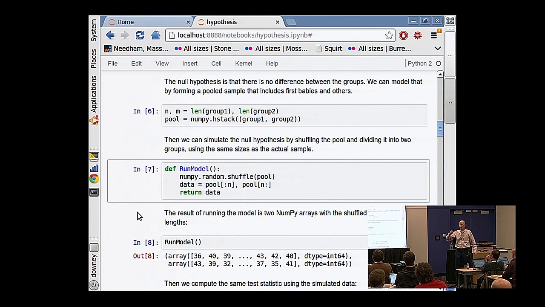Now, in the long run, if I run this experiment over and over, the average difference between the two groups should be 0, because what I'm doing here in my null hypothesis is drawing random samples from the same great big pool. So in the long run, I should get an average that's the same in both groups, and so the difference should be 0. But that's going to vary, and in the same way that last time we ran lots of experiments to see how much it varies, same thing here.